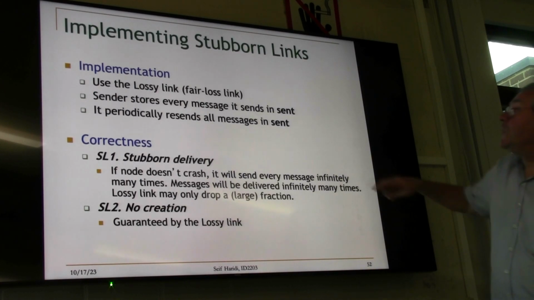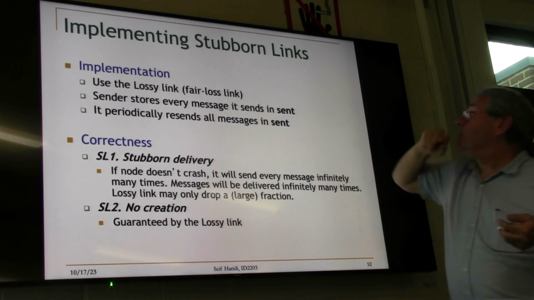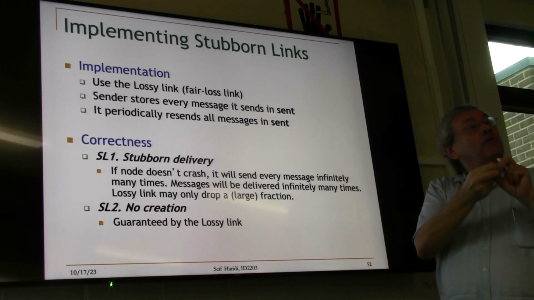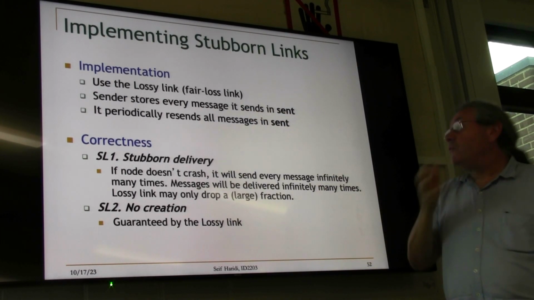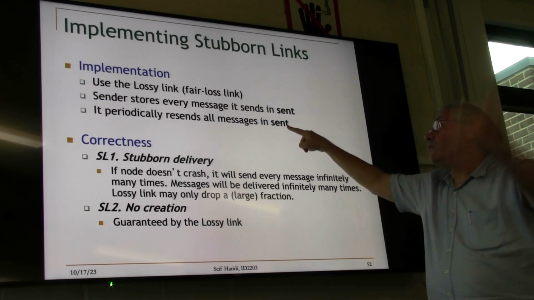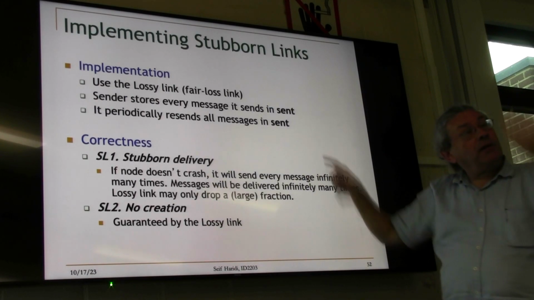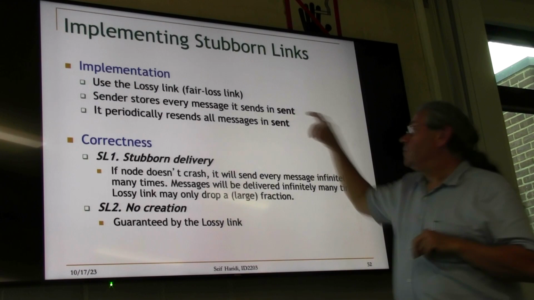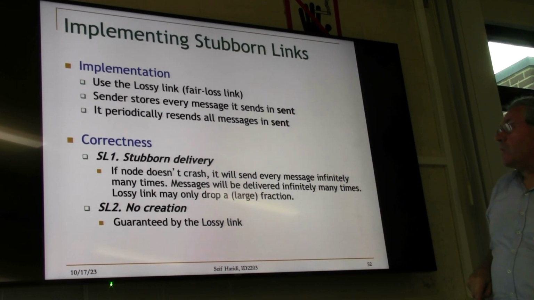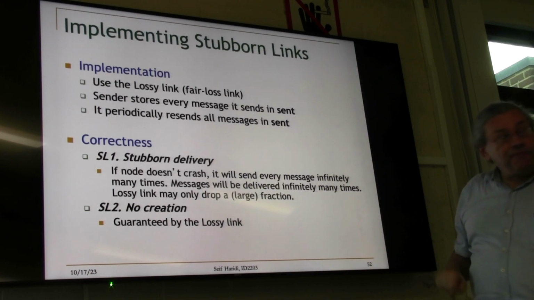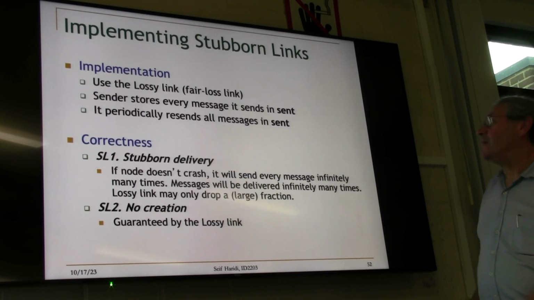It's very simple. So we're going to use fair loss. When I send, I store the message in a local variable, collecting all the sent messages, and then I have a periodic loop that runs forever, and will periodically resend all the messages that are in the sent set. Okay? And this guarantees to satisfy the property if the fair loss is correct.